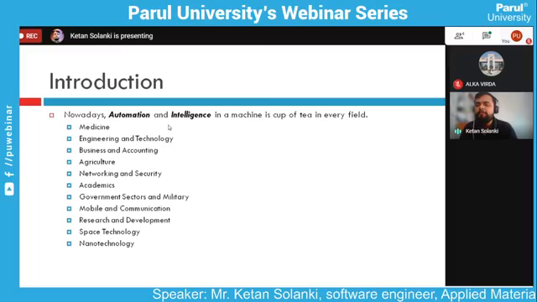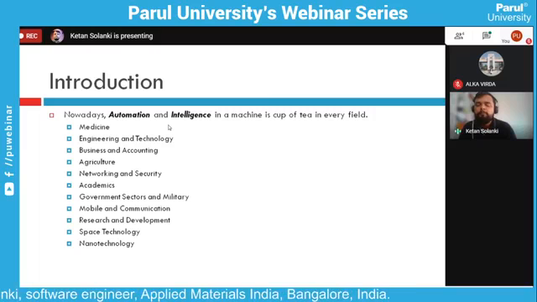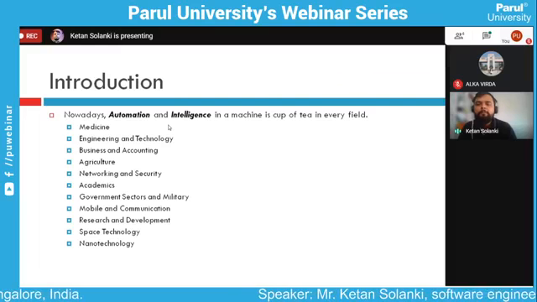To achieve this kind of feasibility in our tools, we require soft skills. To communicate more effectively with the hardware and to put this smartness into our tools, we require a programming skill.